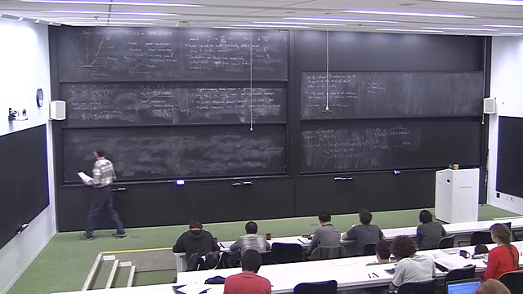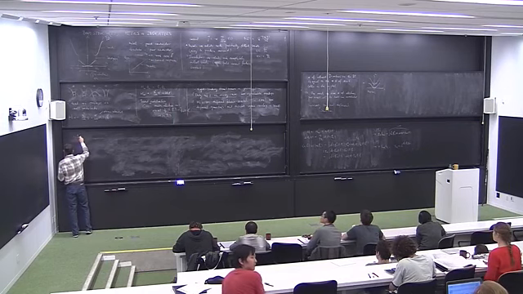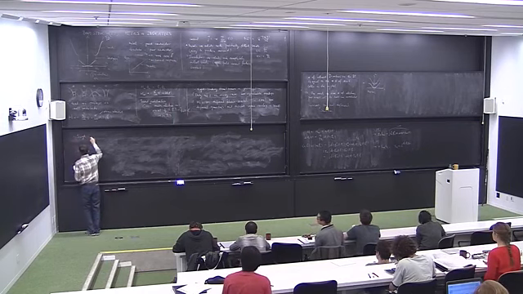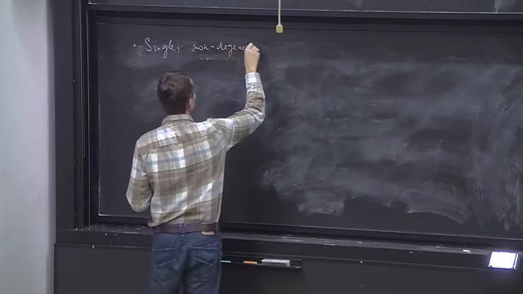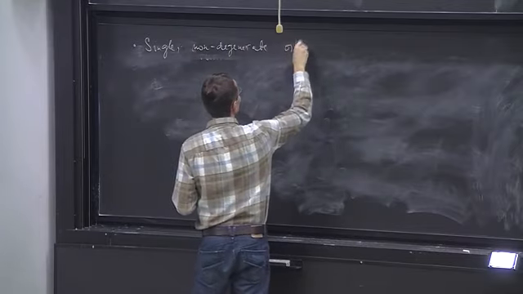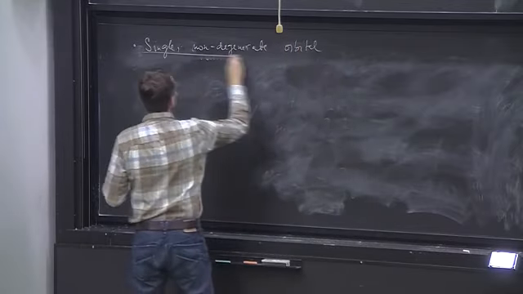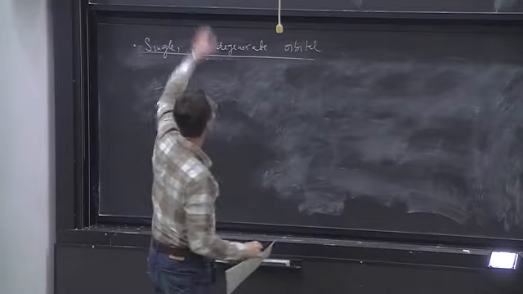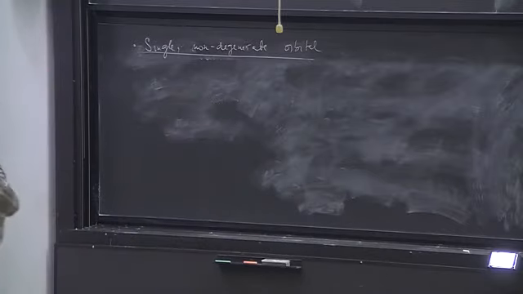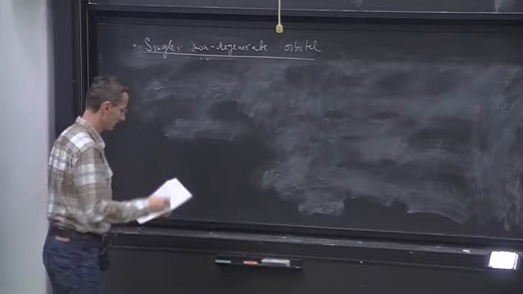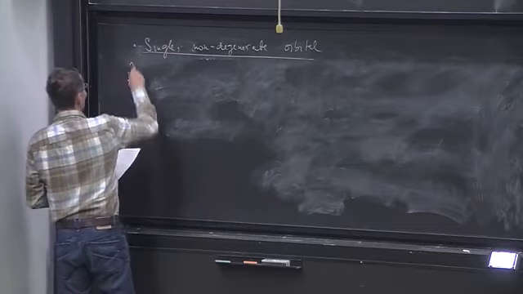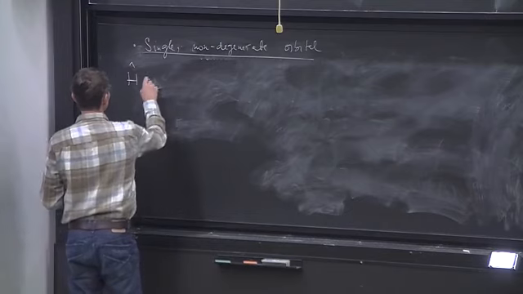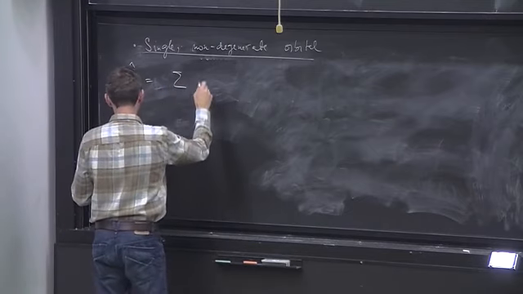And the simplest case is that of a single non-degenerate orbital. So I'm assuming that each of those sites has just a single s orbital, which is non-degenerate. And I want to write down the tight binding model simply on the grounds of symmetry. If I have just a single orbital per site, then I can write it like this.